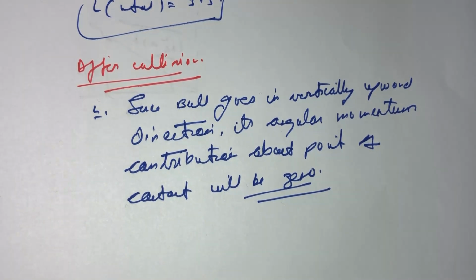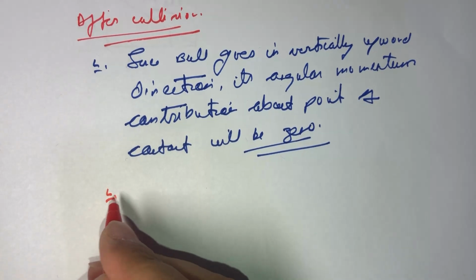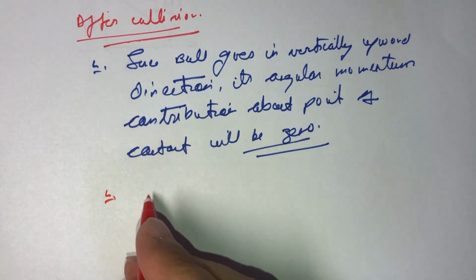Now let us find out for the ring also, and we assume that the new angular velocity of the ring is omega prime.